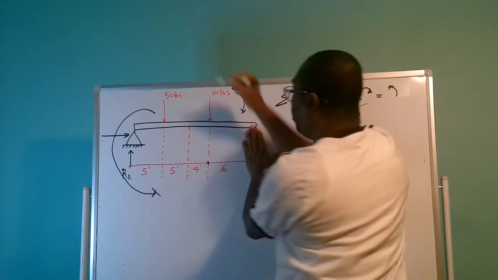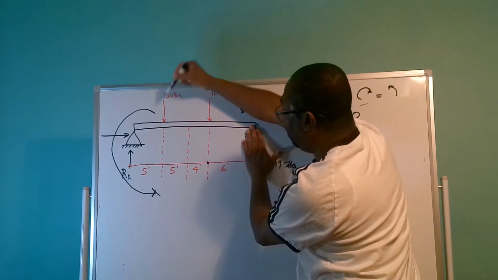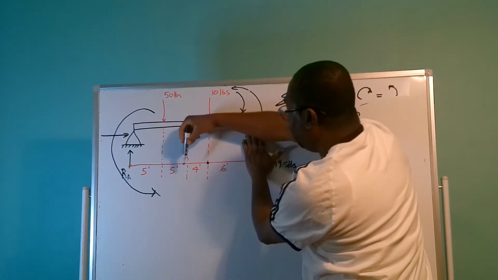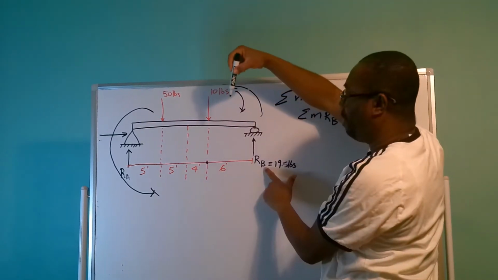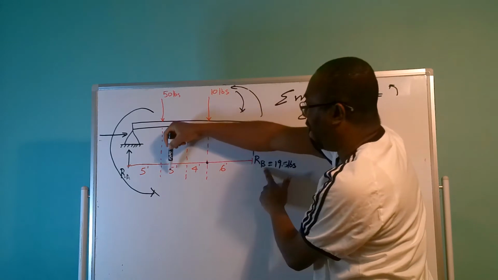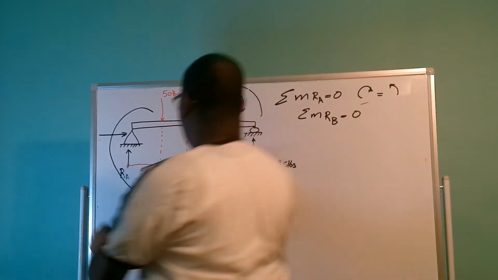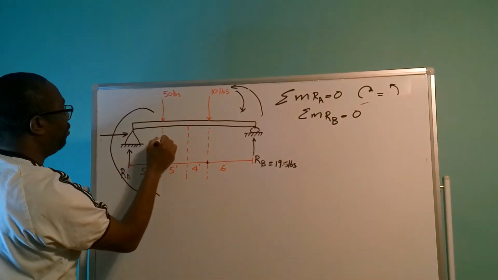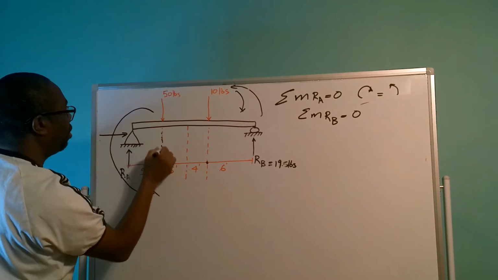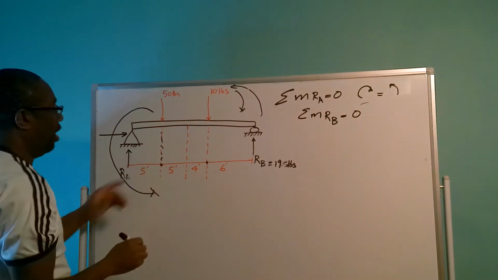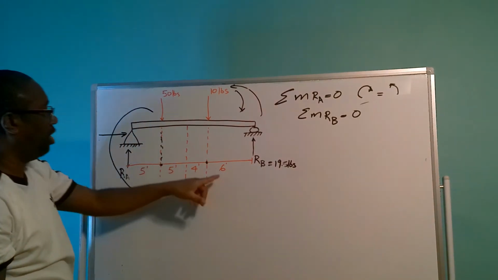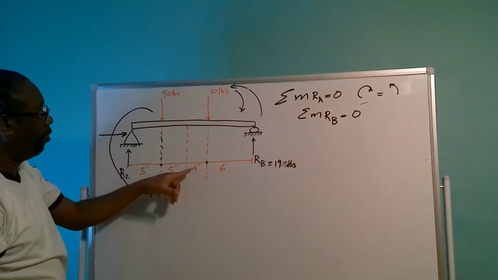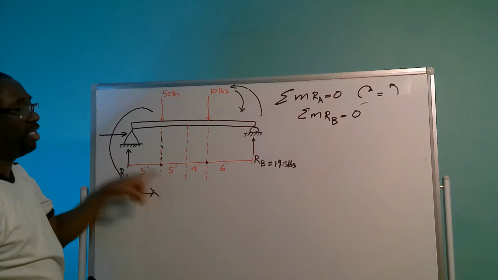This 50 pounds is acting 15 feet away from RB, because 6 plus 4 is 10, plus 5 is 15.